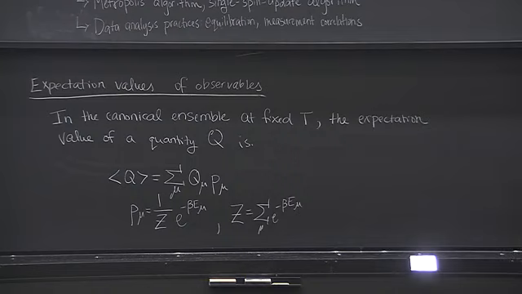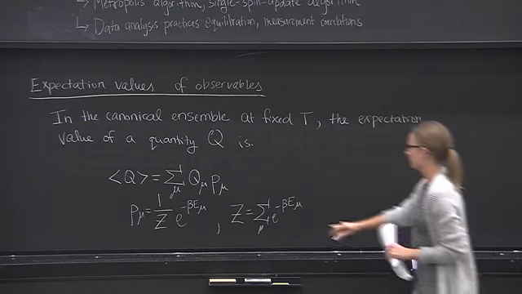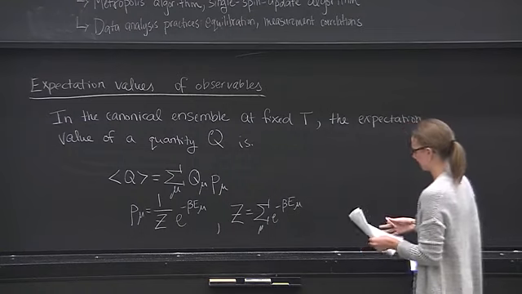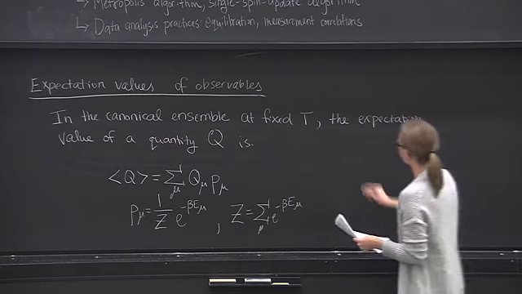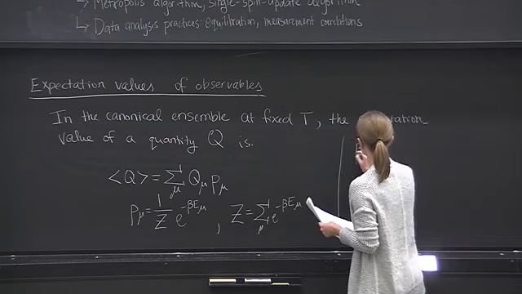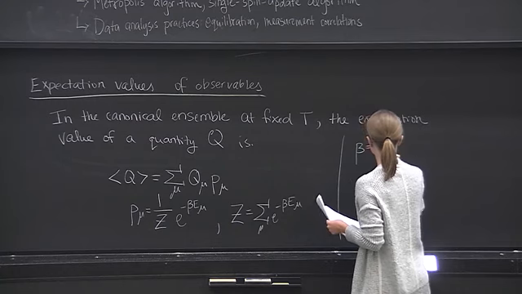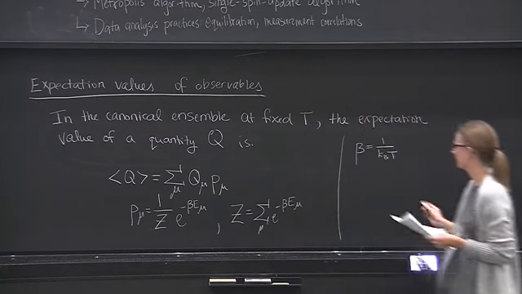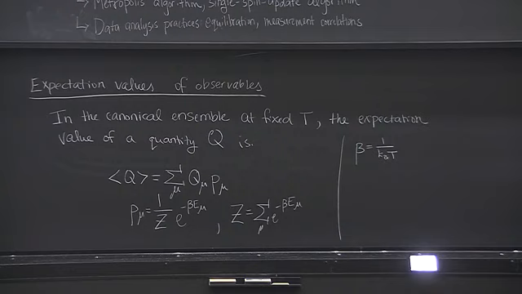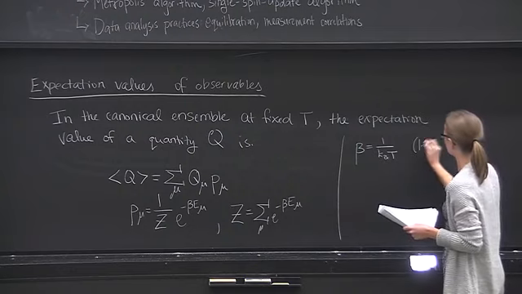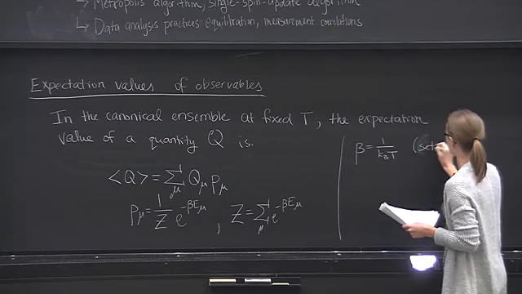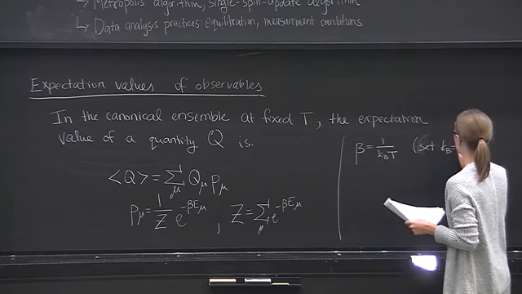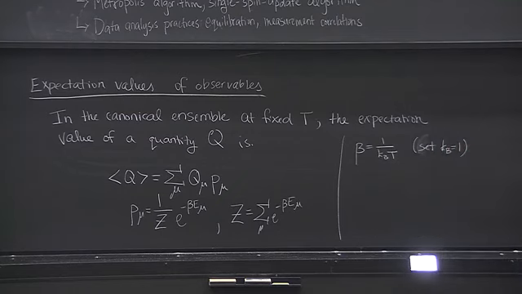This is just very general for any system with a general classical Hamiltonian. So just to remind you, that beta is my inverse temperature here. And in everything that we do, we're going to set this Boltzmann constant to 1, as we've often been doing already in the course.